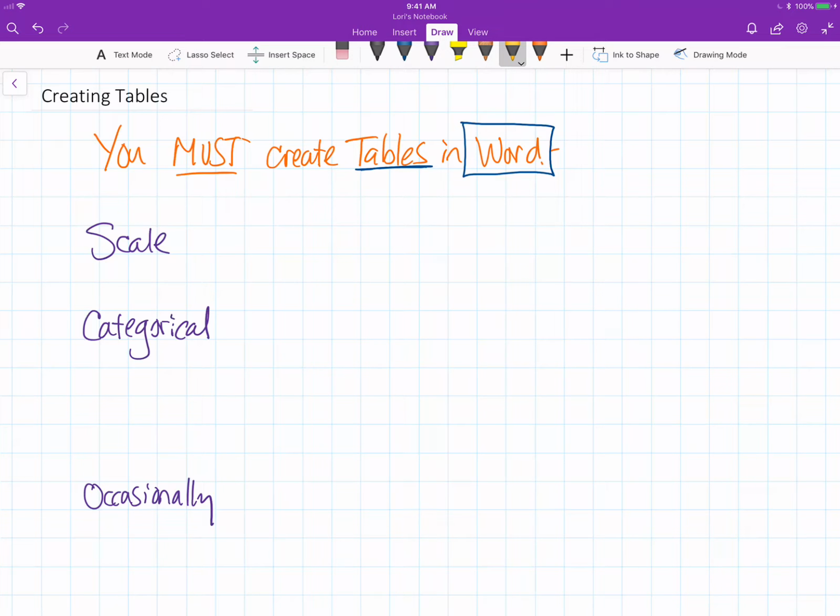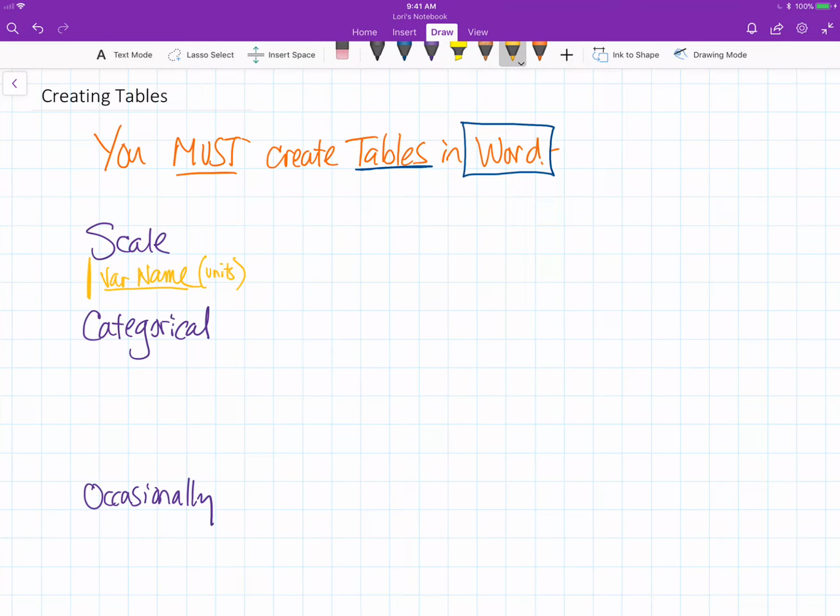For a scale variable, if you're putting this into a table, the first thing to remember is that the variable name is going to likely be left justified within the table. So you would type height or whatever, and very often it's preferred to have the units of measure.